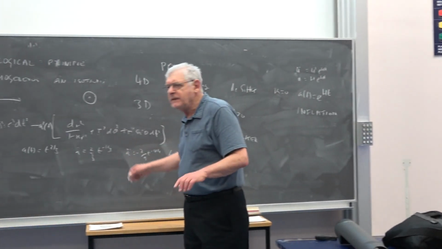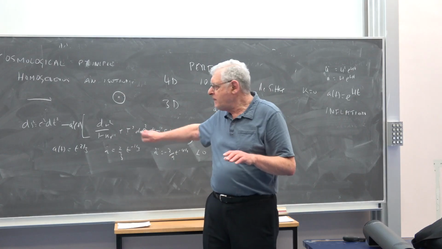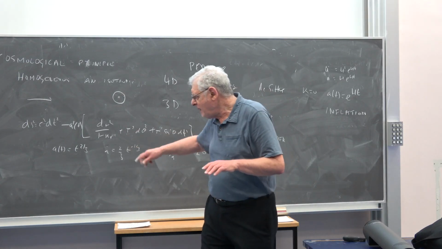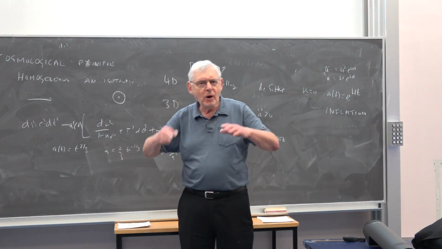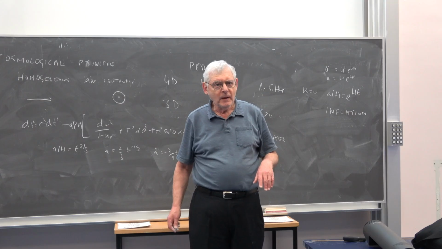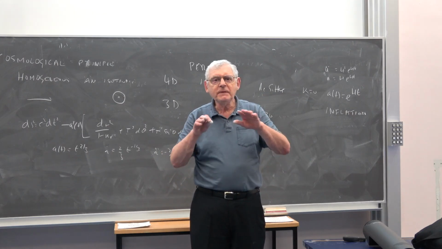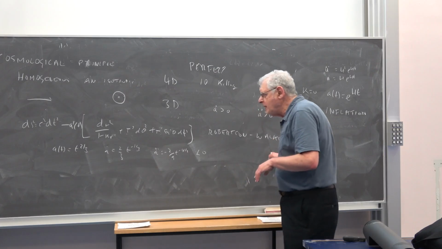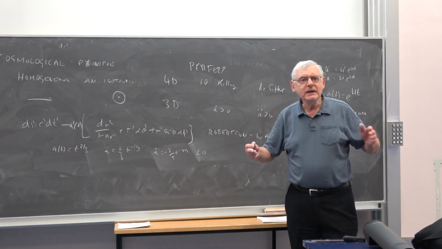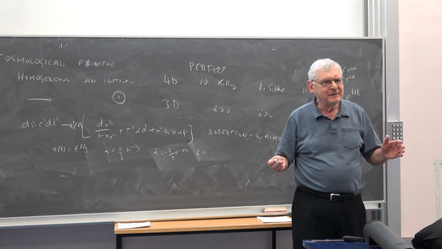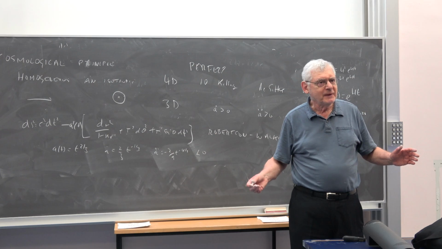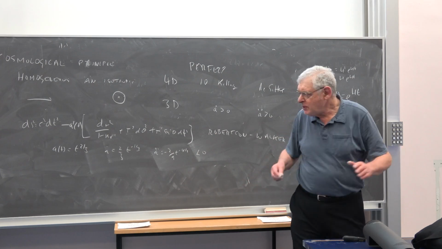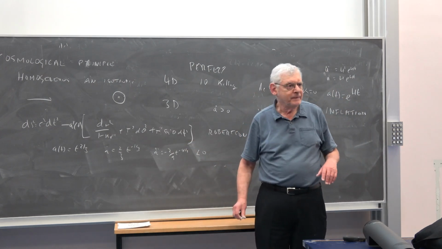Historically, Friedmann solved the Einstein equations, found this solution, found that A of t growing like a power as a property of the Einstein equations. Subsequently, Robertson and Walker pointed out you don't need a dynamical equation. You can get it from the geometry alone, but then you don't know A of t or k.